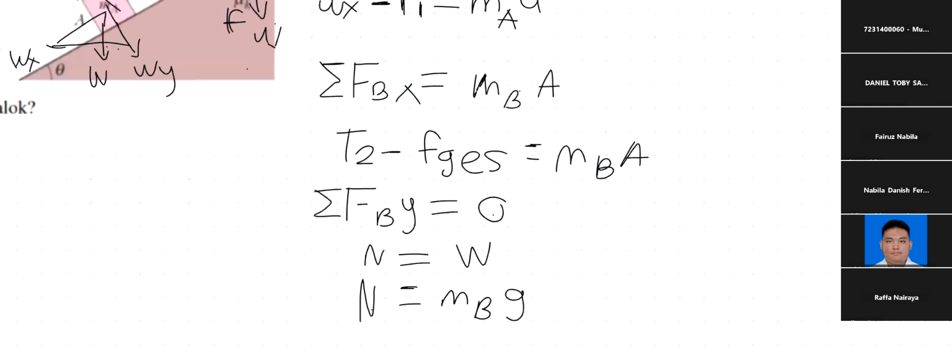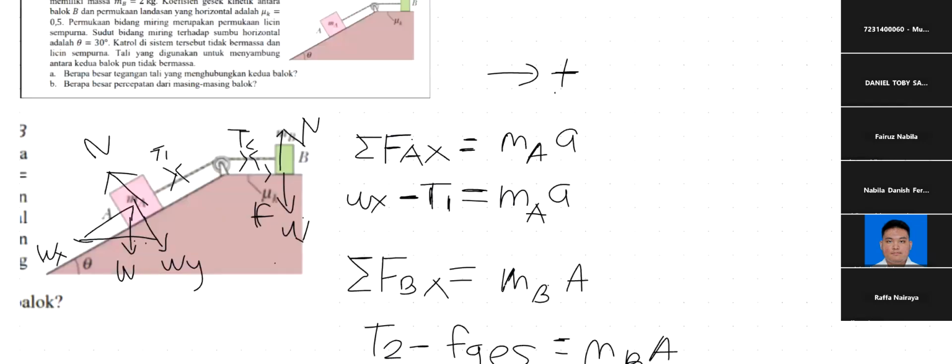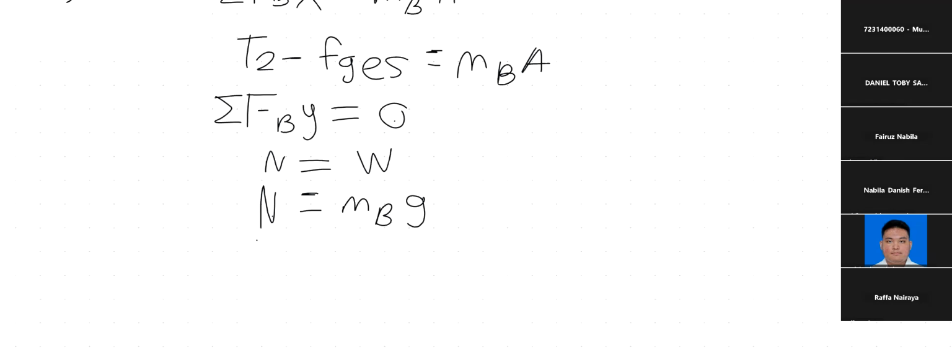Now from the question, we know that the mass of B is 2 kilograms, and yes, we take the gravity as 10, so it's equal to 20 newtons.